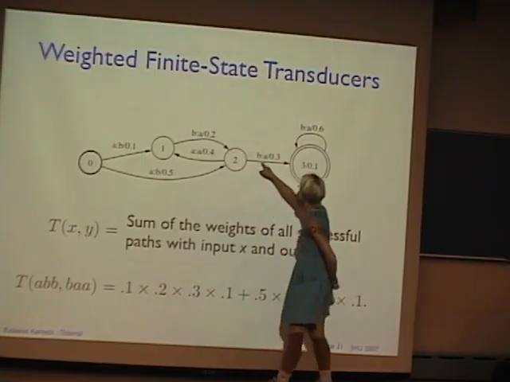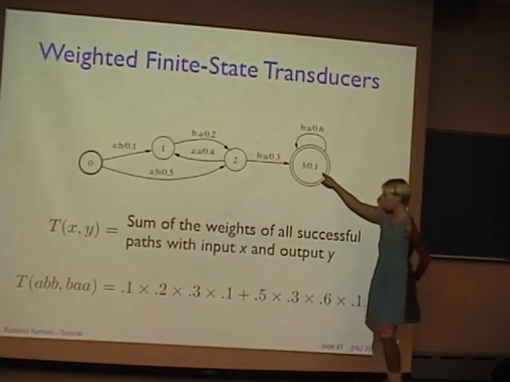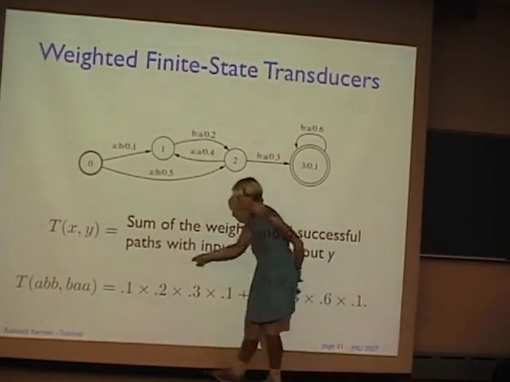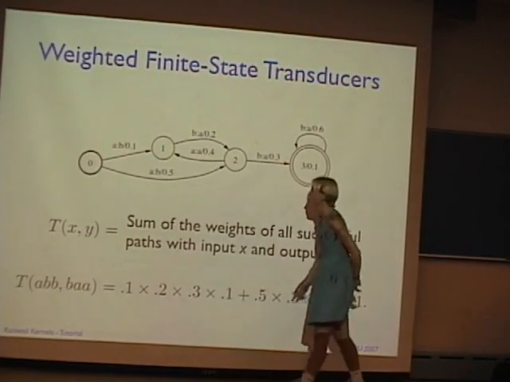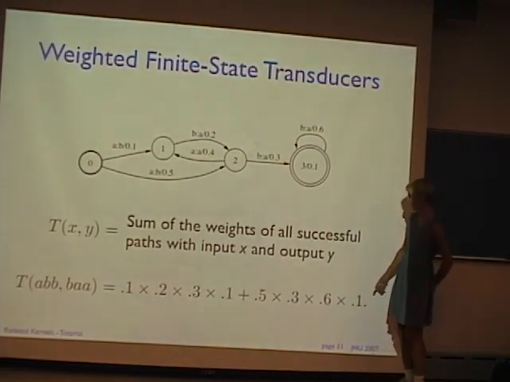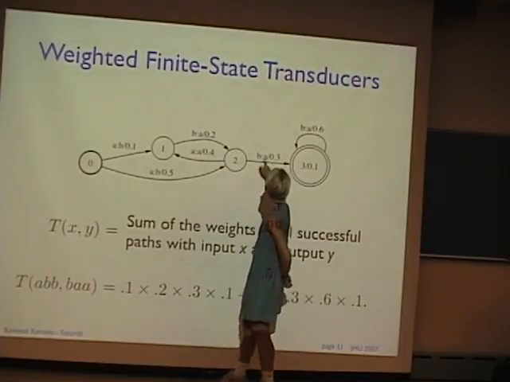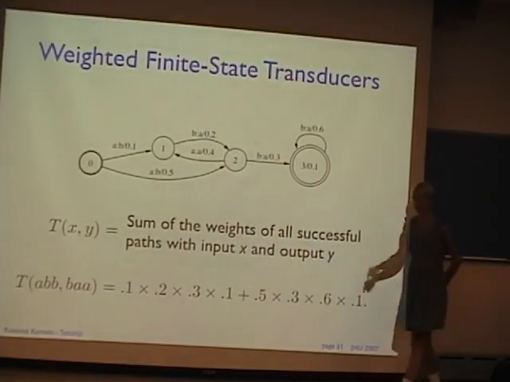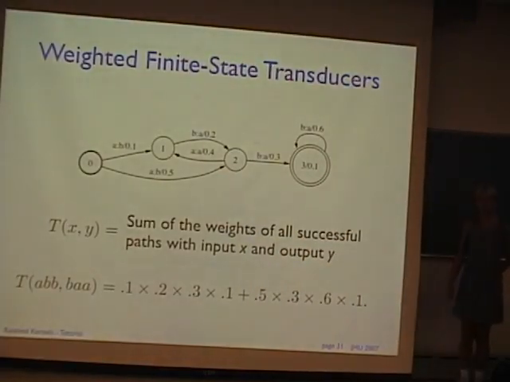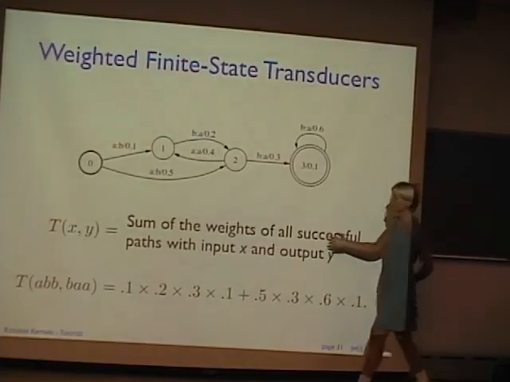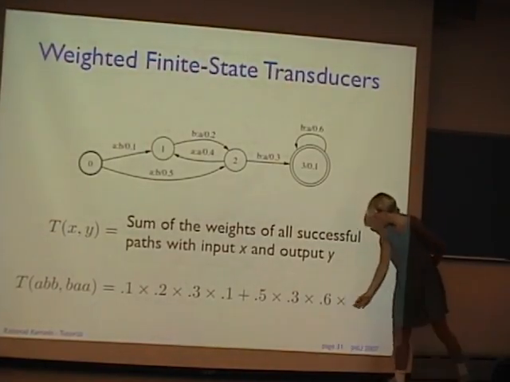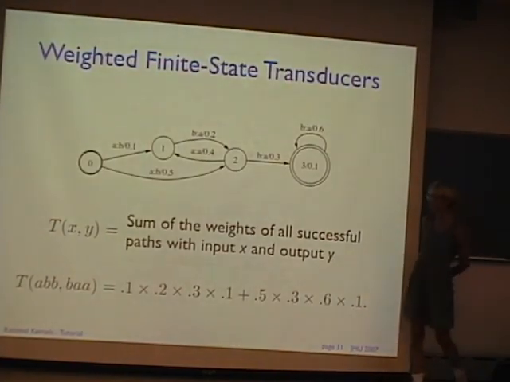And then BA, and then a final weight of 0.1, so that's the weight of one option for having this input and this output, and there's another option also, this one, and this thing. So the total weight this transducer assigns to the input string x, output string y is the sum of these two products.